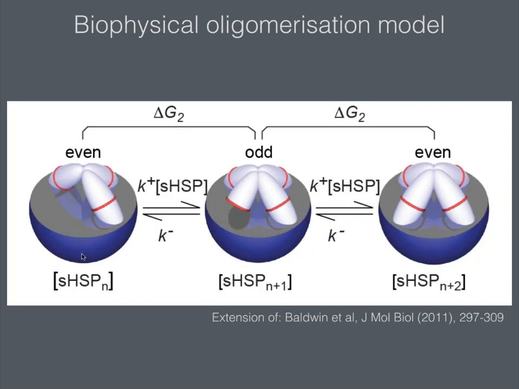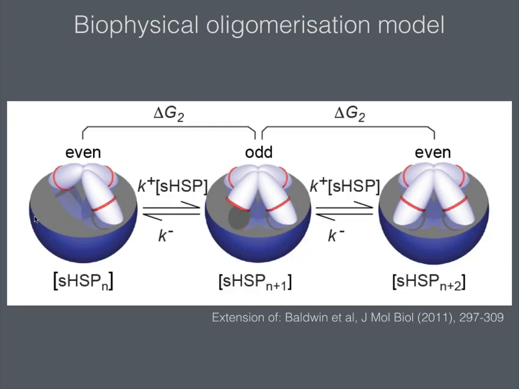So we could think about the fact that oligomers could exist in a state with an even number of subunits. They could then gain a subunit with a certain on rate constant, multiplied by the concentration of your small heterotropic protein subunits, to give you an odd-numbered oligomer, and that could gain a further one to become even again.